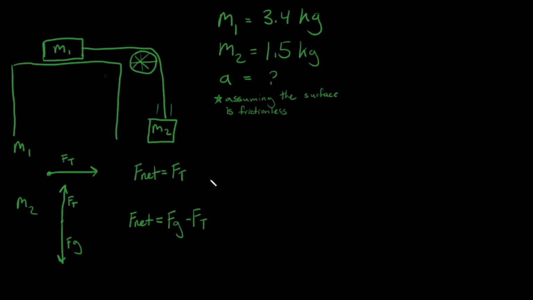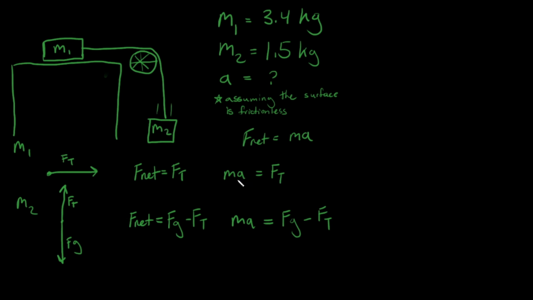Now we know that F net can also be written as mass times acceleration from Newton's second law. So we can write this as mass times acceleration equals Ft, and mass times acceleration is equal to force of gravity minus force tension.